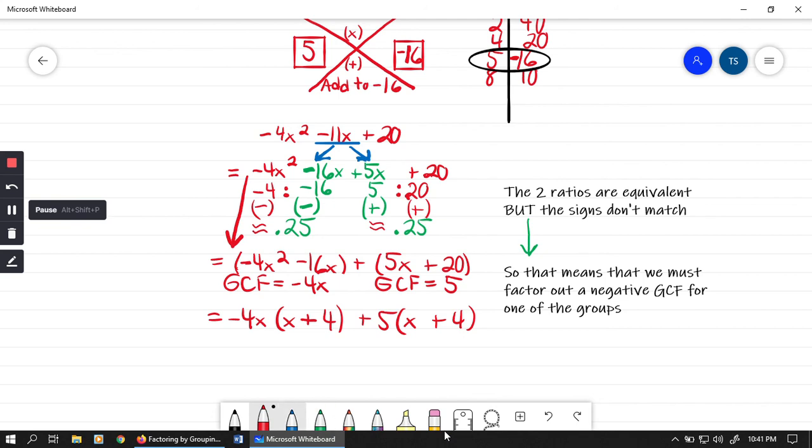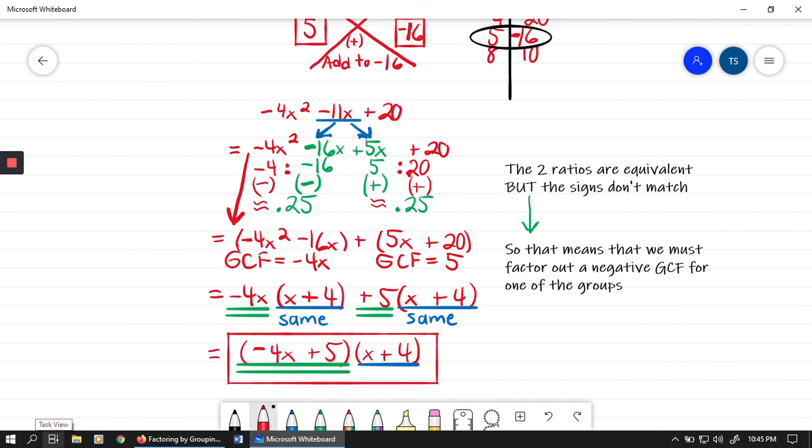So we can see that we've got the same common factor, x plus 4, and we've got the GCFs, negative 4x and 5. Remember, if we notice that we've got that same factor, we're on the right track, and we can write out our final factors. One factor is going to be the GCFs, and the other factor is going to be that same factor.